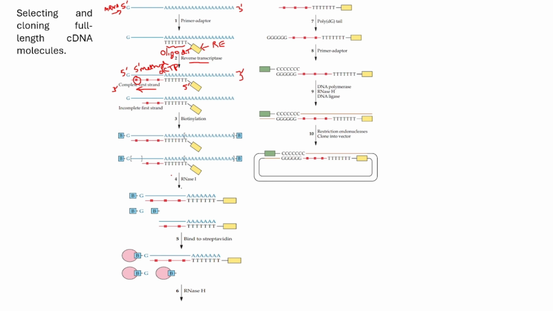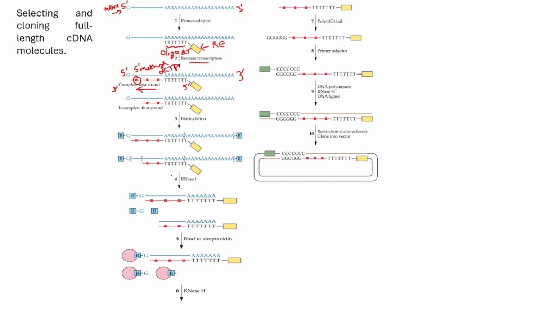Because we don't want the new strand to get cut, that's why we are methylating one nucleotide, so that the nuclease enzyme does not cut the DNA. It only cuts the RNA, or separates the RNA from the DNA. Okay, so our new strand remains intact.